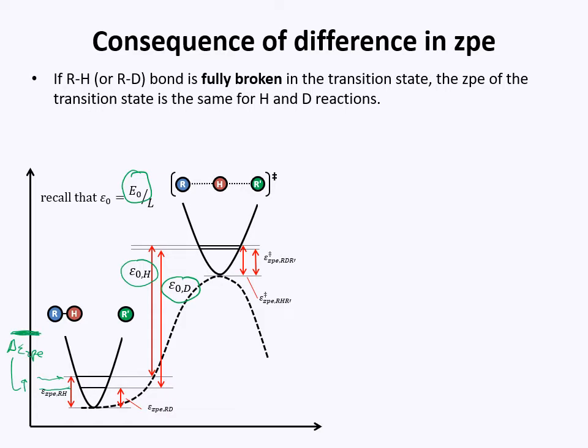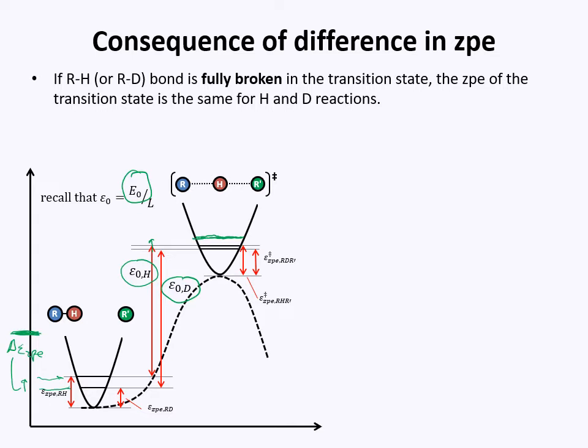Now, if in the transition state the difference in zero point energies was the same, so it's roughly where I'm putting the line here, then this arrow would go a little bit further up, and these two arrows would be the same size. If they were the same, we'd be saying that probably the bonding is about the same in the transition state as it is in the molecule at the beginning, particularly for RH.